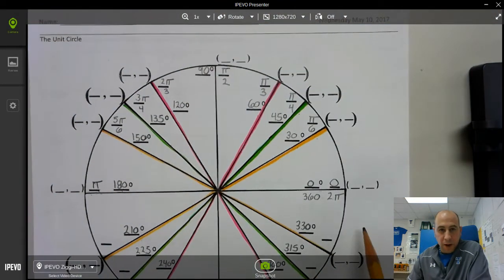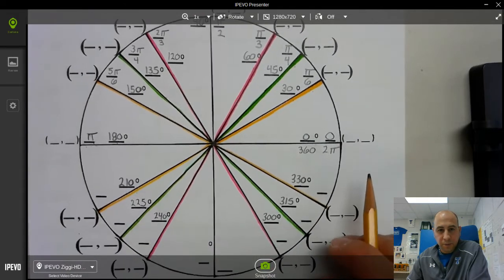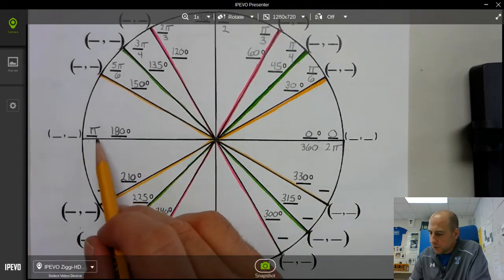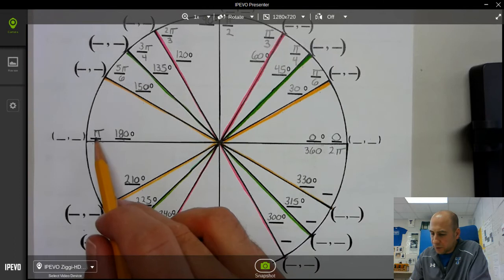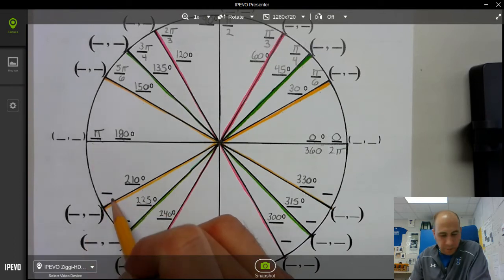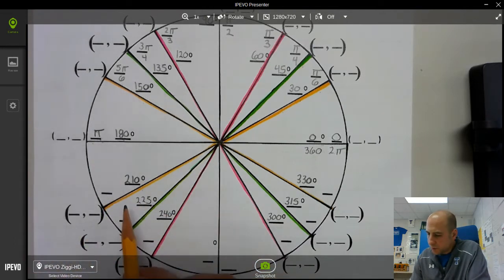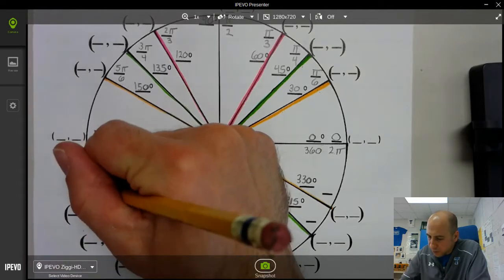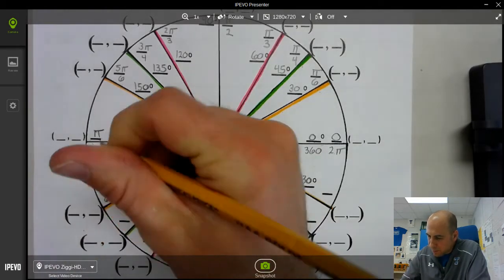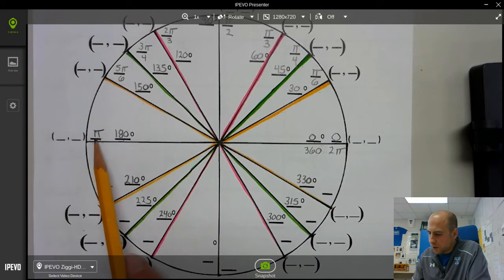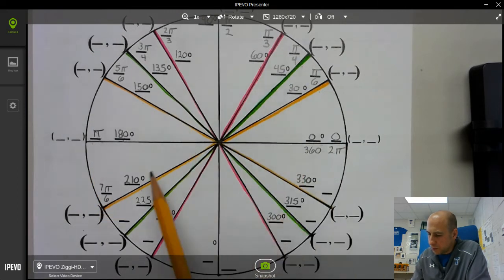Okay, so now, again, going around the circle, our reference here is pi divided by 6. So this is actually pi plus pi divided by 6, which is, let's see, 7 pi divided by 6. And then here, again, our reference is pi divided by 4.